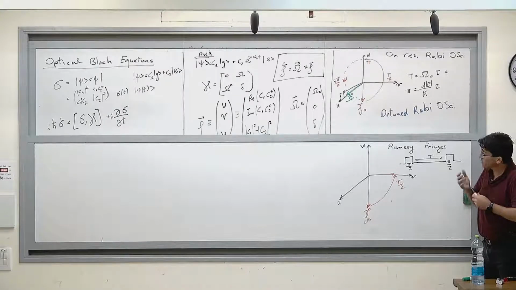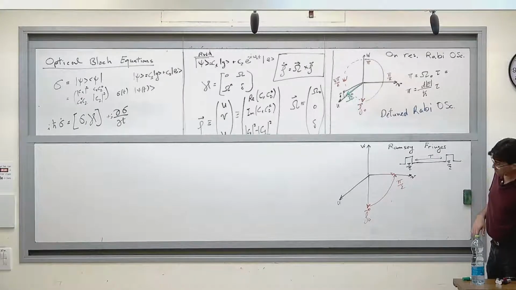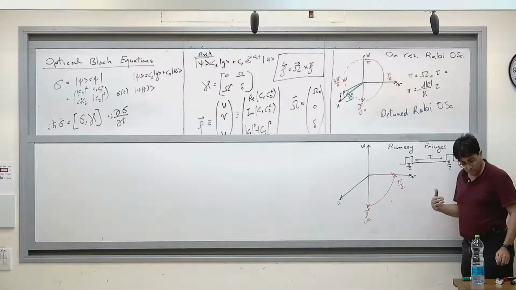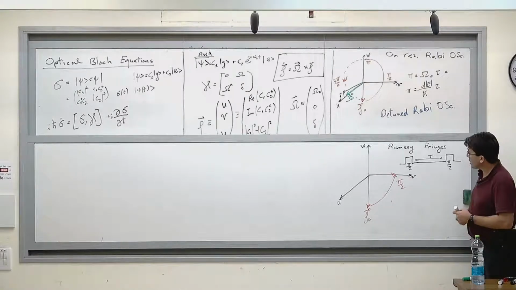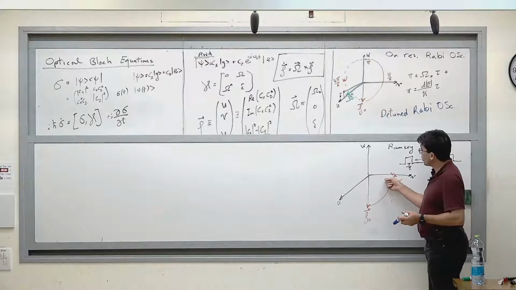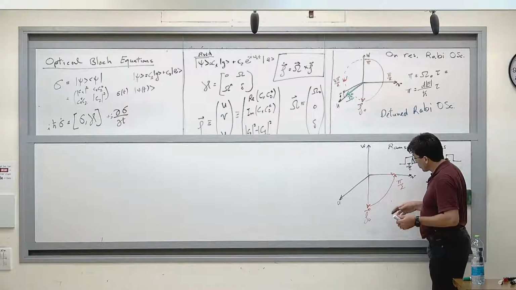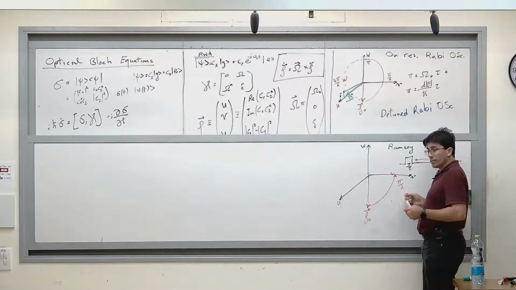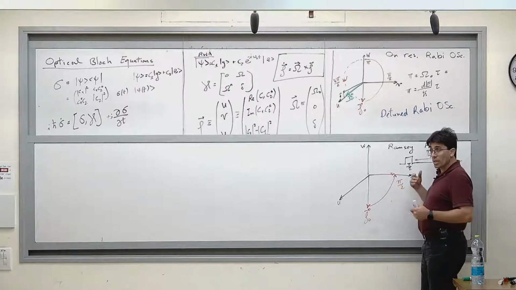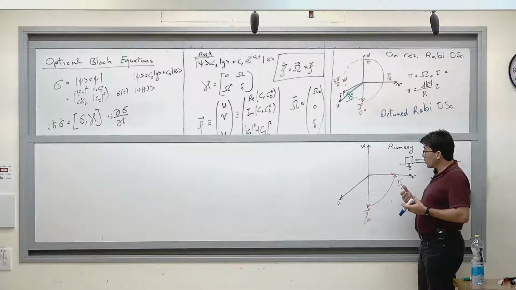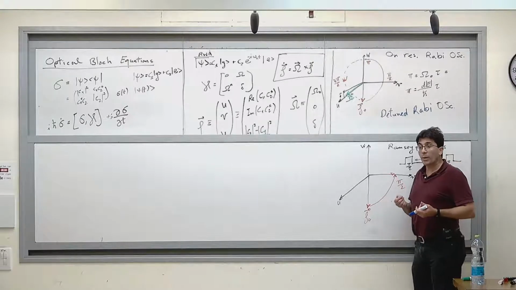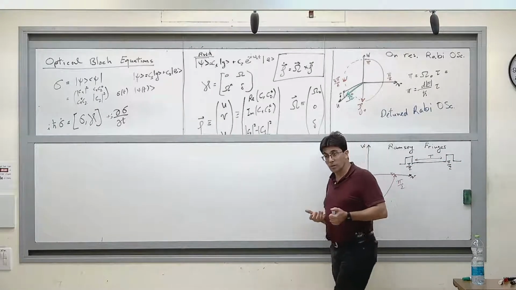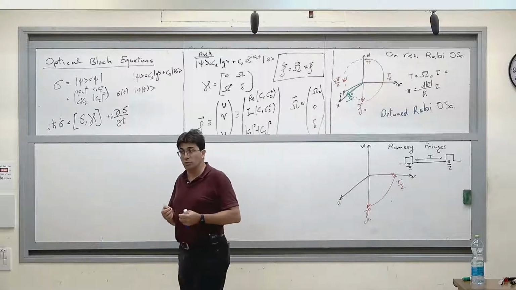Now, what happens? Well, first this short pi over 2 pulse brings you to the UV plane. And now you wait. Now it depends on the detuning, because your laser, as we said, is detuned.